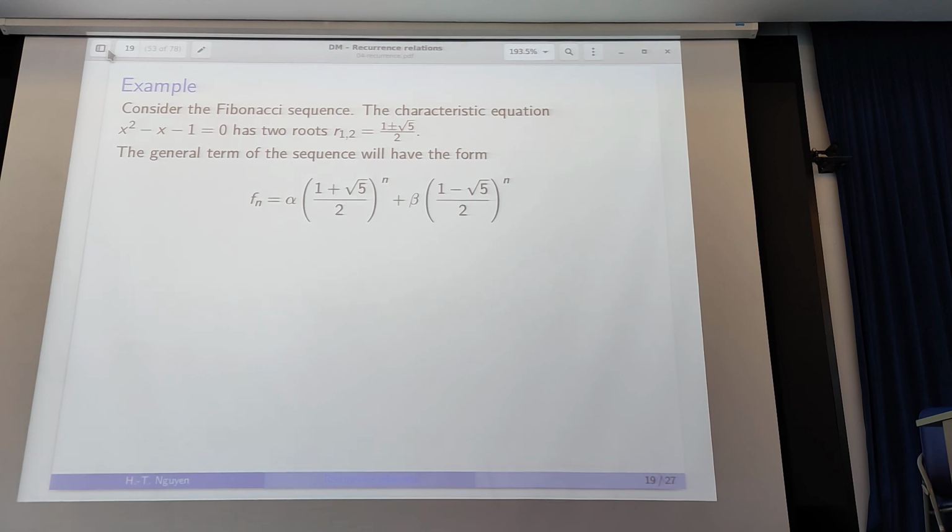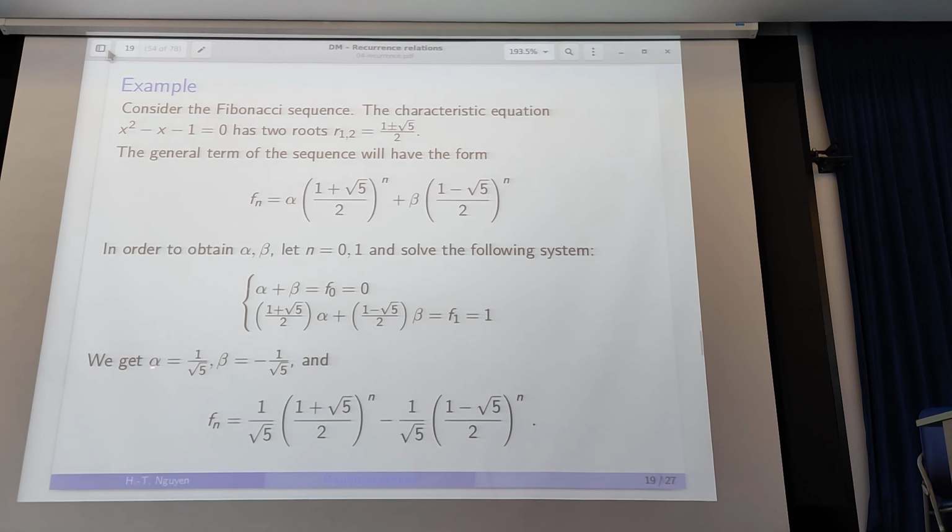So you have a system of two linear equations in two unknowns, alpha and beta. You can easily solve these and find that alpha is 1 over square root of 5, and beta is minus 1 over square root of 5.